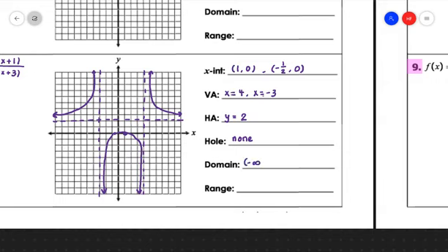So we go from negative infinity, and we stop right at negative 3. Then we go from negative 3 and stop at 4. And then from 4, we go on toward infinity. Then for our range, we stop once. So you go from negative infinity all the way up to 2, and then from 2 on to infinity.